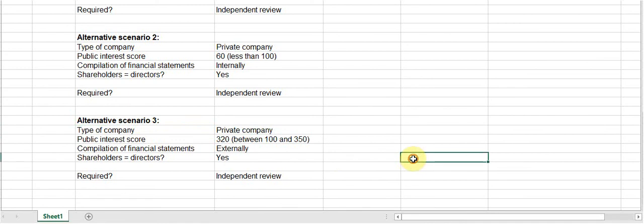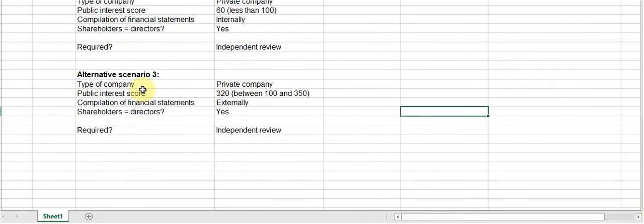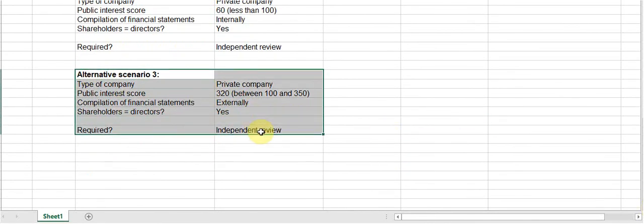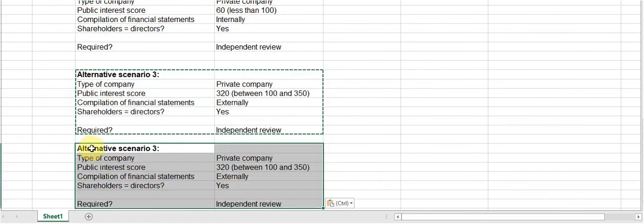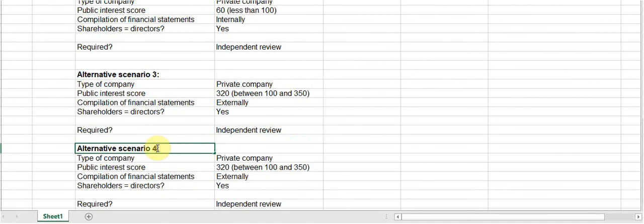Another alternative scenario could be exactly the same as this one. Let's call this scenario number 4. However, we have an instance where it is internally compiled.